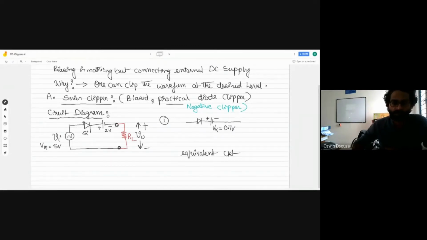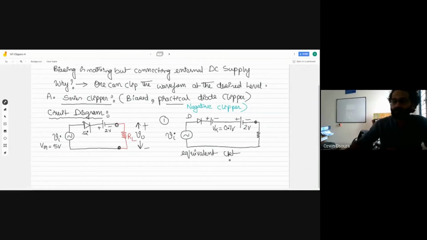Then you connect your external DC supply, plus minus, of 2 volts. Then you connect your load resistor and close it off with your sinusoidal source. Remember, the sinusoidal source description is given here, the maximum value is 5 volts, so every time I'm not going to write the description. This is your ideal diode D.